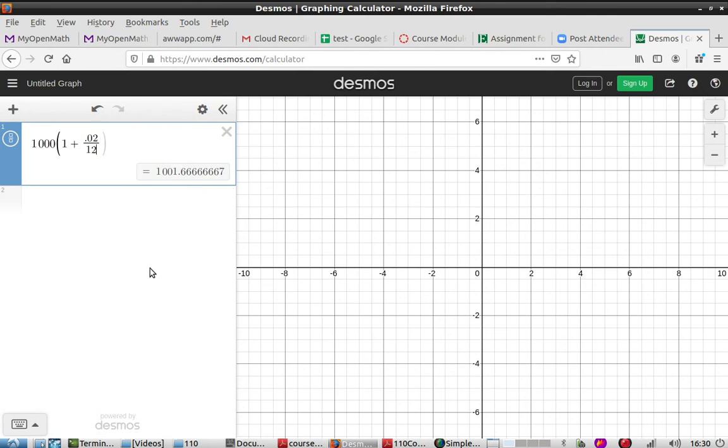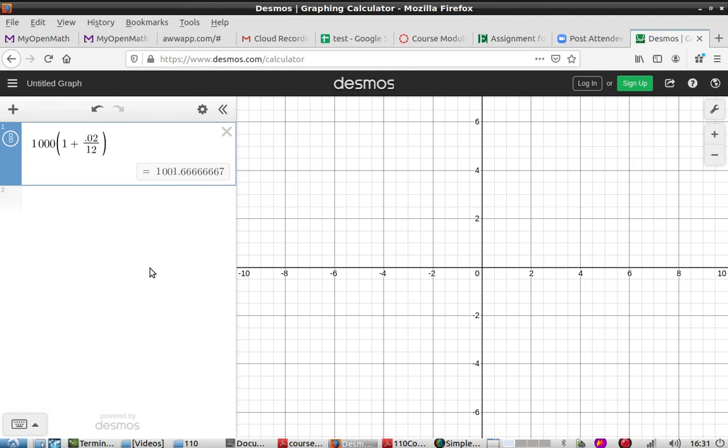Now in Desmos and on some graphing calculators, you will have to hit the right arrow key to get out of the denominator, which I just did. And then a right parenthesis. And now we want to raise that to the power 12 times 8.